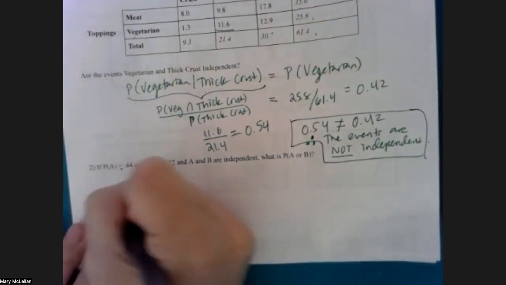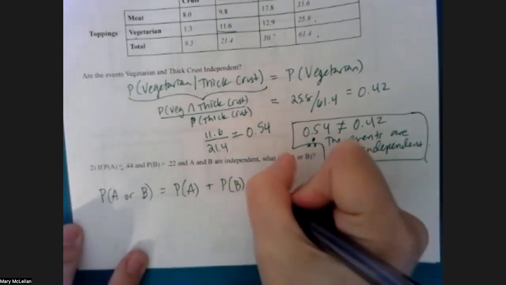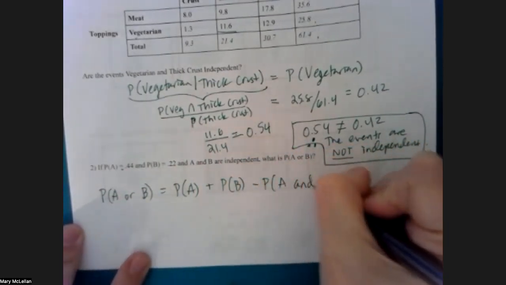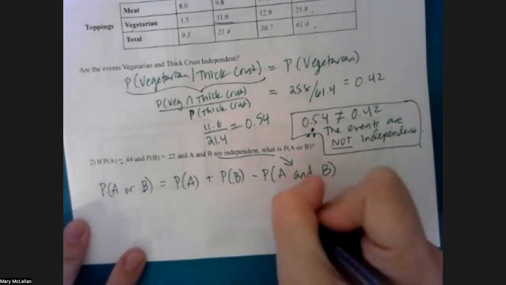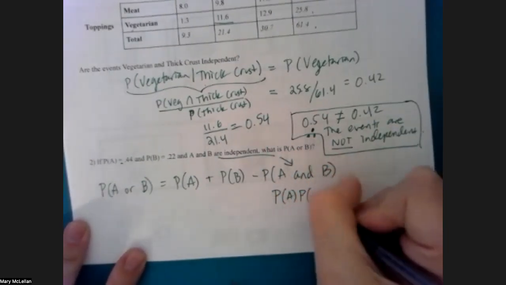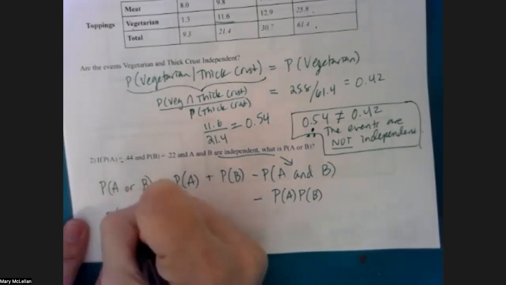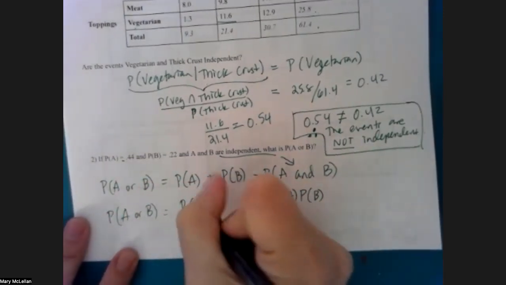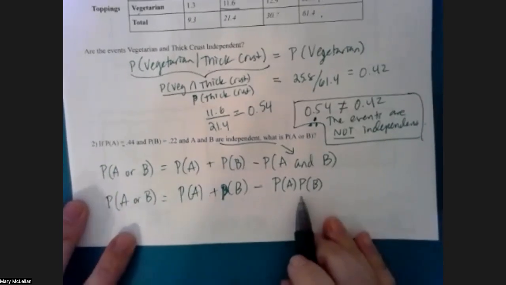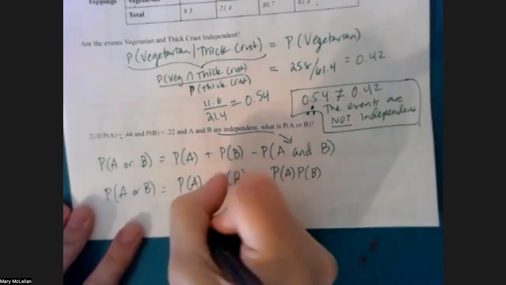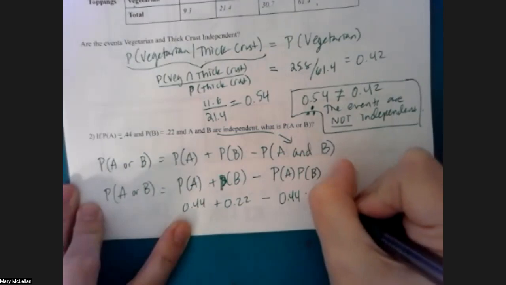So the probability of A or B equals the probability of A plus the probability of B minus the probability of A and B. These are independent, so I know that the probability of A and B is just the probability of A times the probability of B. Therefore, P of A or B equals the probability of A plus the probability of B minus the probability of A times the probability of B. So that's 0.44 plus 0.22 minus 0.44 times 0.22.